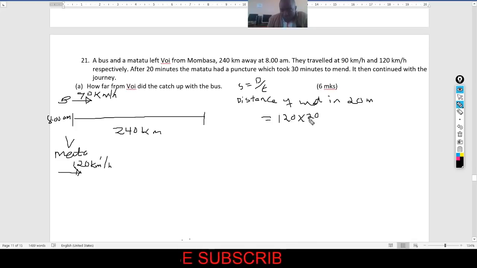Remember you're using kilometers per hour, so you change to hours by dividing by 60. You multiply that and get the distance to be 40 kilometers. So the matatu went 40 kilometers. And what happened?